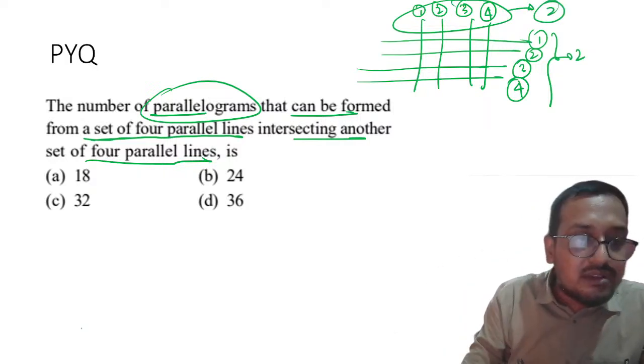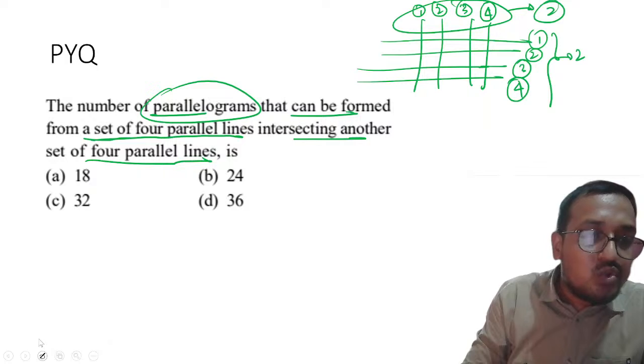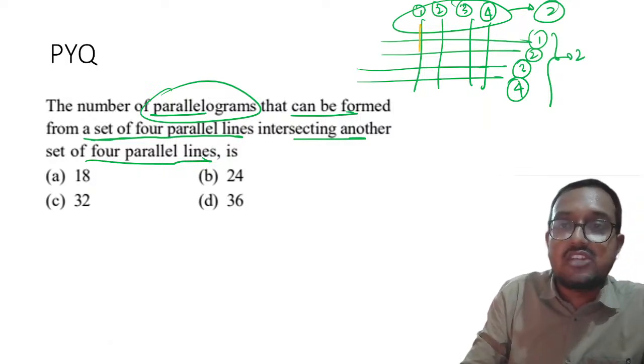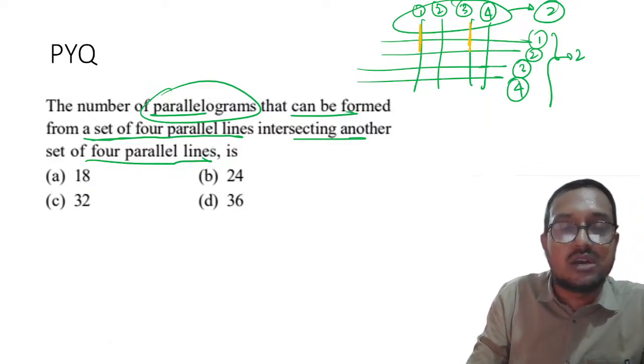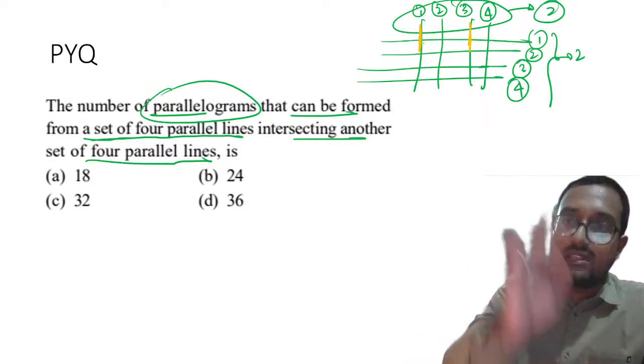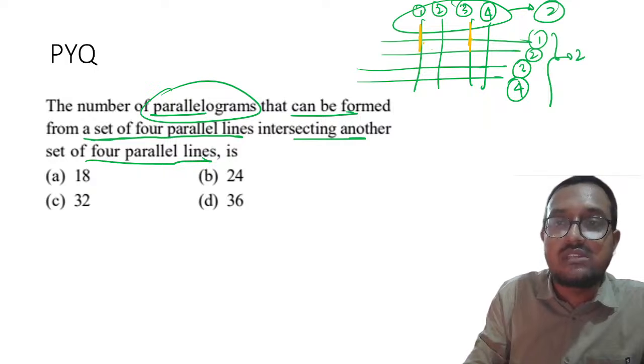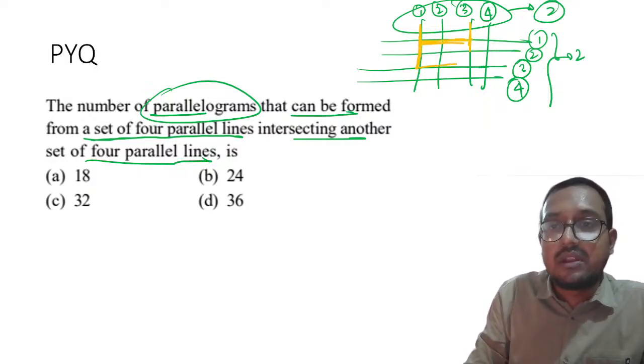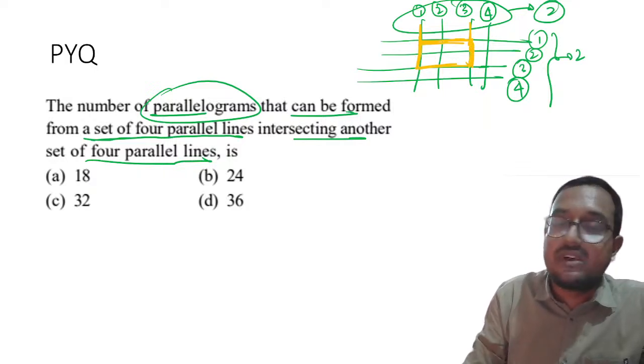Will order really matter? Do you need to put the first line first and then the third line should come, or are 3 1 or 1 3 both the same? Obviously 3 1 or 1 3 are both the same, because at the end you are concerned about, let us say, this parallelogram, right? So whether it is 3 first or 1 first does not matter.